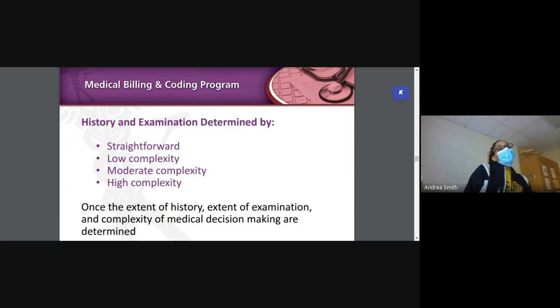Somebody comes in with a rash. You might not be able to catch it right off the bat, but with a few questions, a few probing thoughts, where were you? What did you do? Oh, it's poison ivy. That's low complexity. The moderate and the high complexity start getting into more detail specific over time issues.